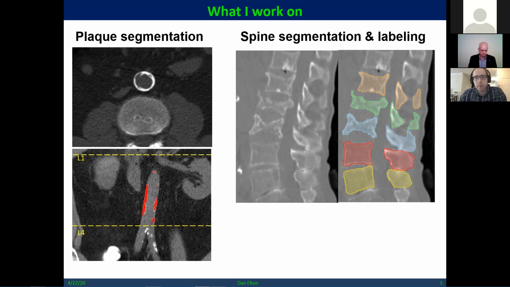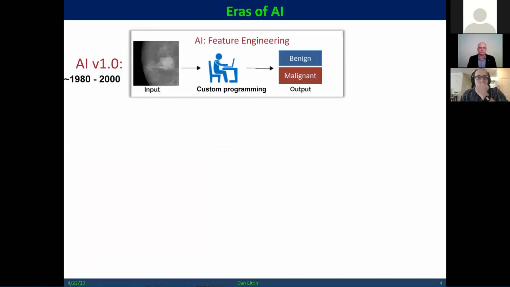And then we can do automated measurements of the bone mineral inside of that. So that's kind of what I work on. It's actually fairly basic stuff in terms of the deep learning. So I'm going to just speak a little more generally, though, not go into the technical details, because I don't think that would be particularly interesting for this audience.